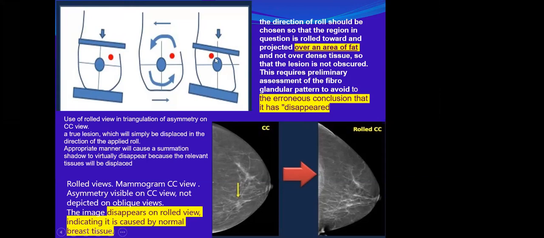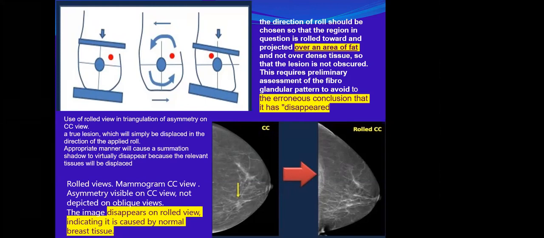If the breast is relatively dense, you might roll the lesion and it disappears into the fibroglandular tissue. It might give you the wrong impression that the lesion disappeared and is not real. That is why we try to roll the lesions toward an area of fat, not toward an area of fibroglandular tissue. You got the point.